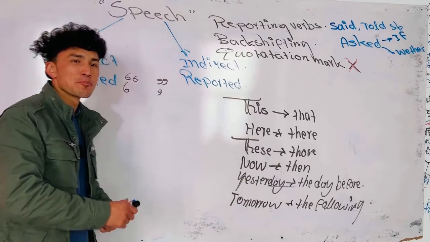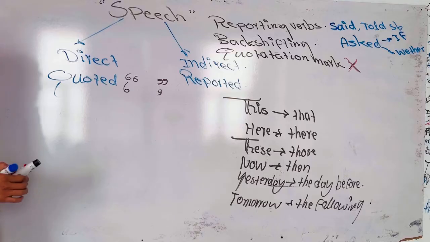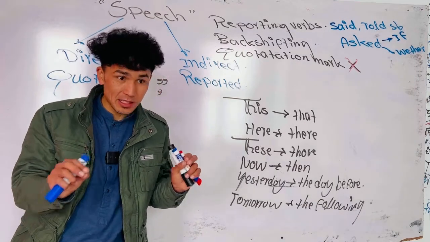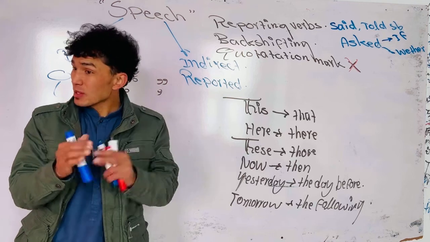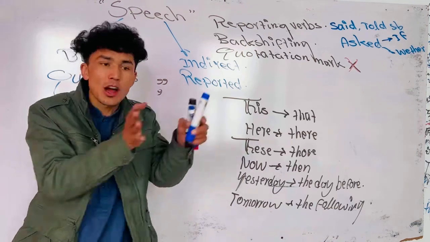Okay, let's go. What about the imperative sentences? Boys, listen. Past continuous tense. As we were in lower classes, I taught you past continuous tense as well. It is a tense used to show an action going on at a specific time in the past.